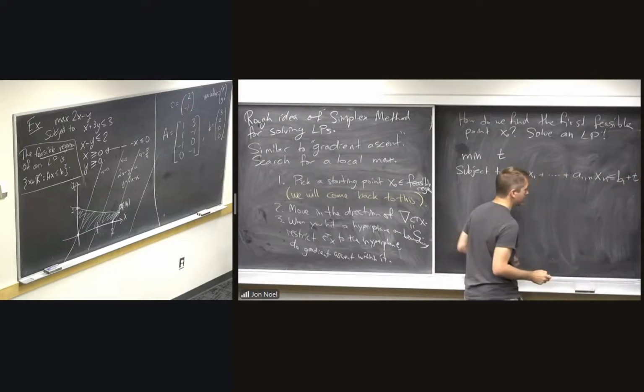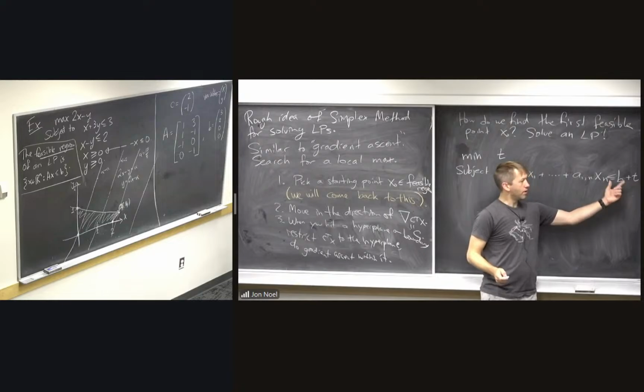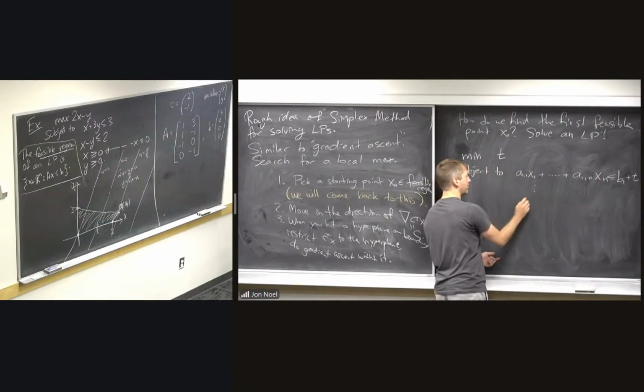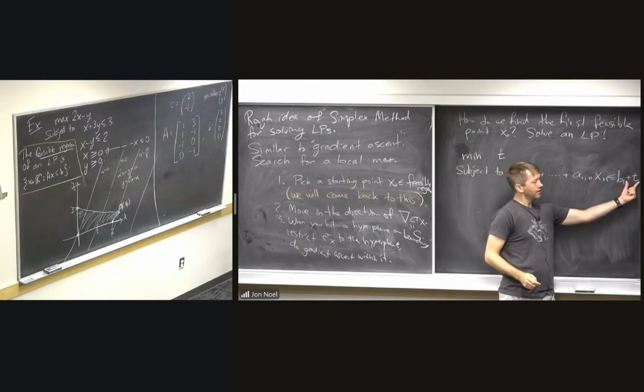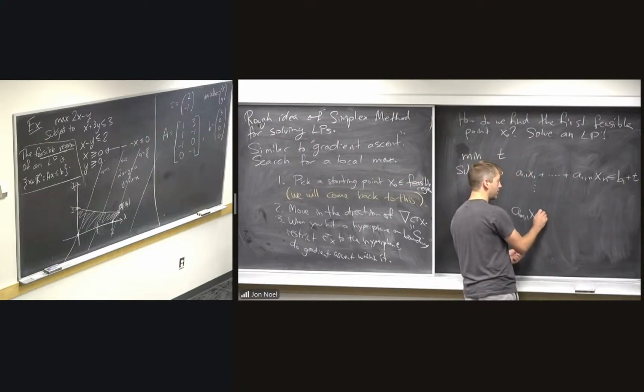So basically, I'm going to put all the constraints that I would normally have in my linear program, but I'm just going to add some slack over here to make it easier to satisfy.